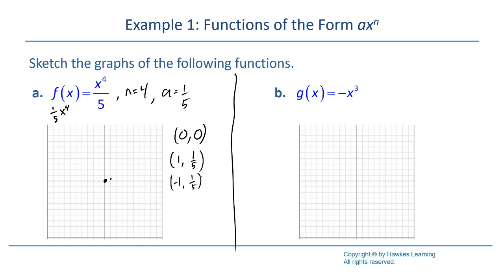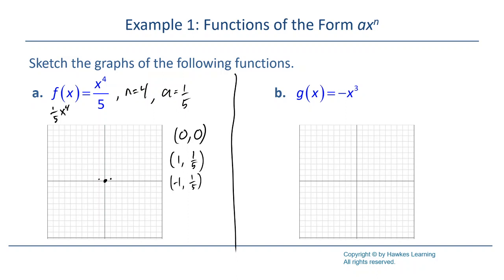That's still going to give me 1/5 because it doesn't matter if I raise -1 to the 4th power. It's still -1. So that's just over here on this side. And again, I'm not going to be able to get these perfect, but I can still get them kind of close.